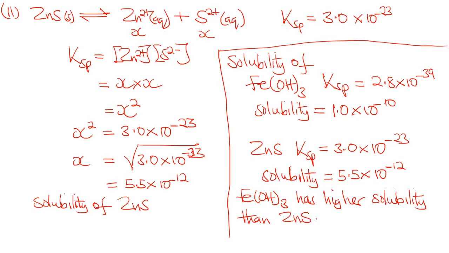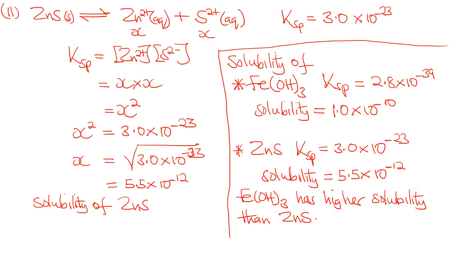But let's look at that. If you compare their KSP, you see that the KSP of ferric hydroxide is really low, while the KSP of zinc sulfide is higher.